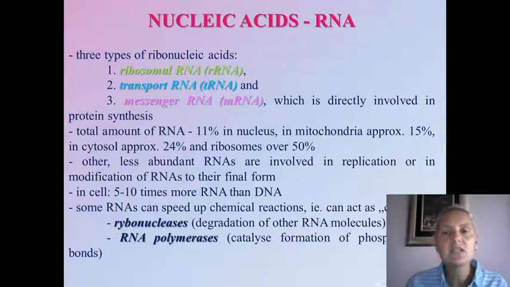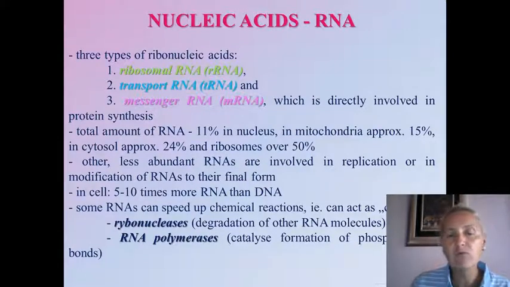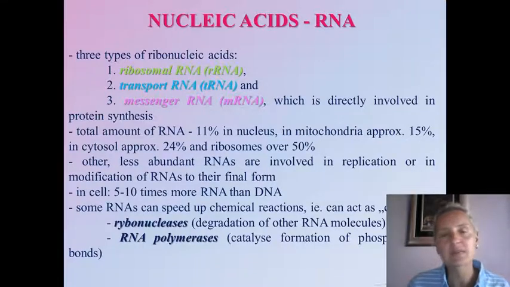Speaking of the distribution of RNA molecules in a cell, approximately 11% is found in the nucleus, approximately 15% in mitochondria, 24%, about a quarter of the total amount, in the cytosol, and over 50% in the ribosomes, which is logical because protein synthesis occurs in the cytosol and is located on ribosomes, so obviously the concentration of RNAs will be on ribosomes.